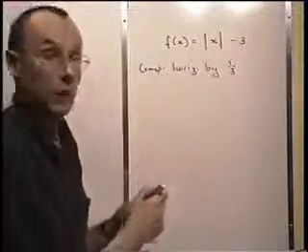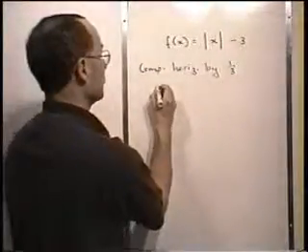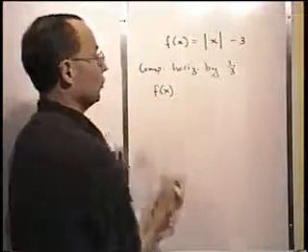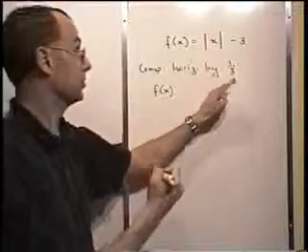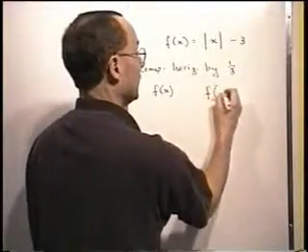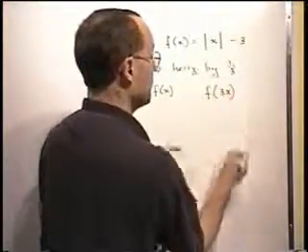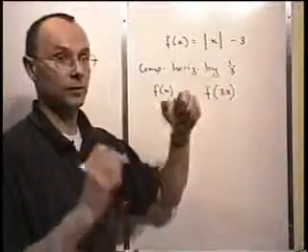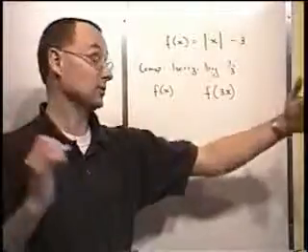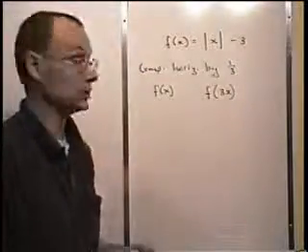So I want to take what the normal graph is and compress it by a factor of 1/3. Well, what we've seen is, if I take my original function, what would I want to put in front of x that accomplishes this 1/3? I want to put in a 3. Again, remember, it's the reciprocal of this number that becomes your factor of compression or expansion. In this case, it's compression.